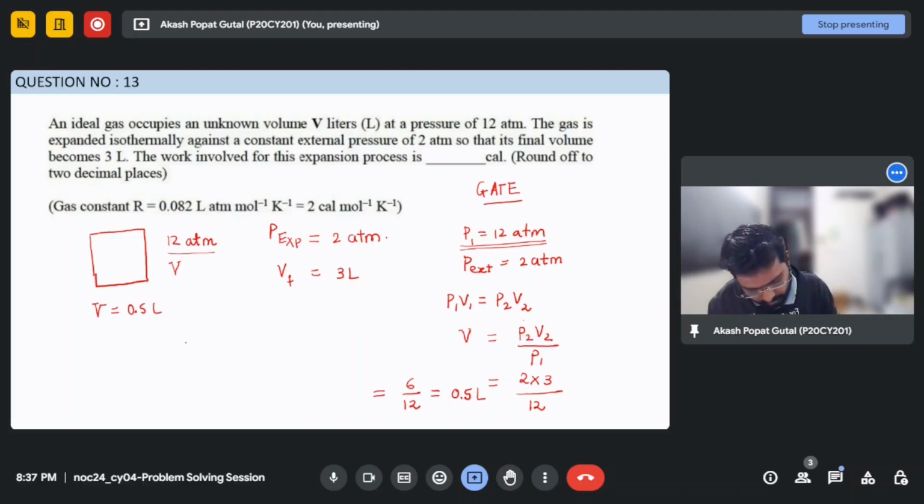So what you need to calculate, you got the initial volume and the final volume, then your work done is nothing but minus P delta V, final minus initial. Just calculate.